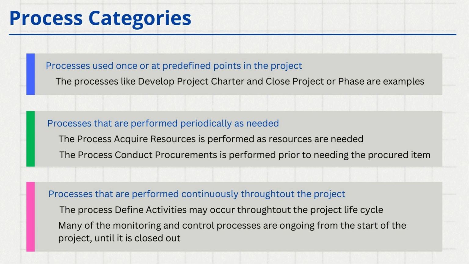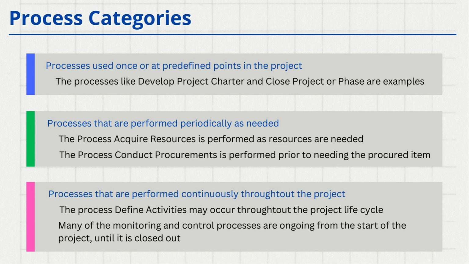Now, let's talk a bit about the various processes that we just saw. There are 49 of them. There are a few things that I just want to highlight about them. You will find these processes, which sometimes are used only once or at a predefined point in the project. For example, it could be the project charter or closing the project or phase. Once you create a project charter at the beginning of the project, you just keep referring to it.